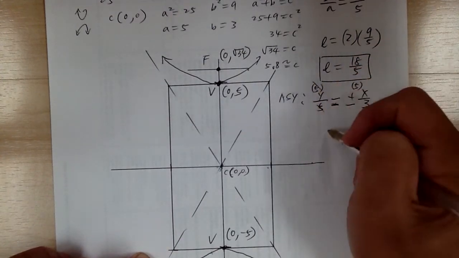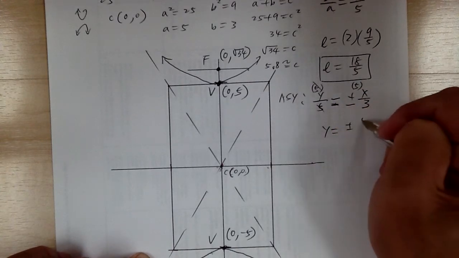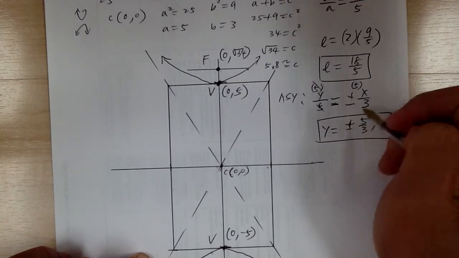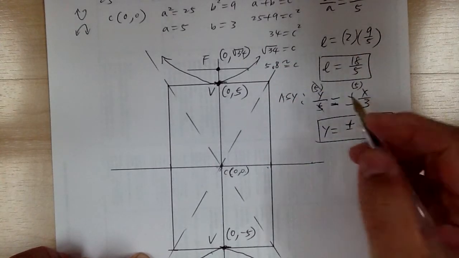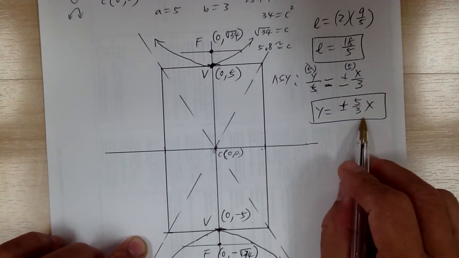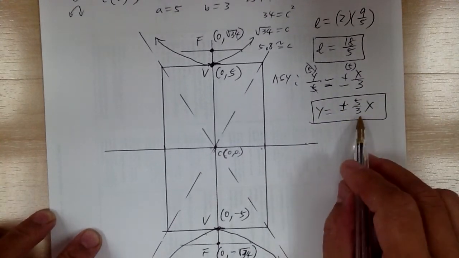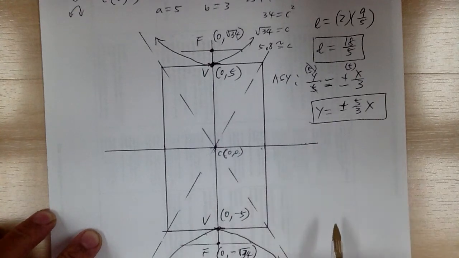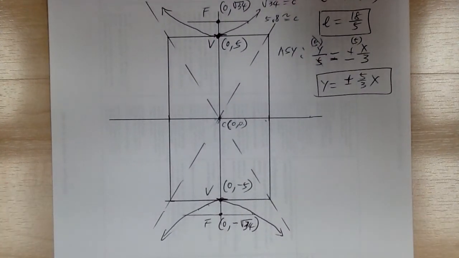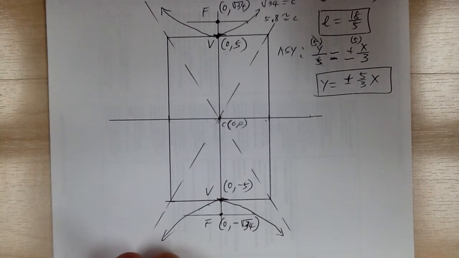So this cancels out. So y equal to plus or minus 5 over 3 x. So that's your slope intercept form. So don't cross multiply, just get rid of the denominator for the y, and that will give you the slope intercept form. Okay. And so that's it for number 6. Okay, let's go to number 8.